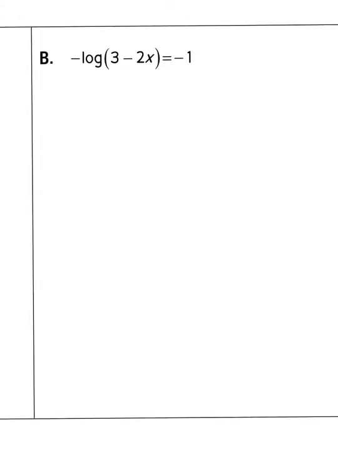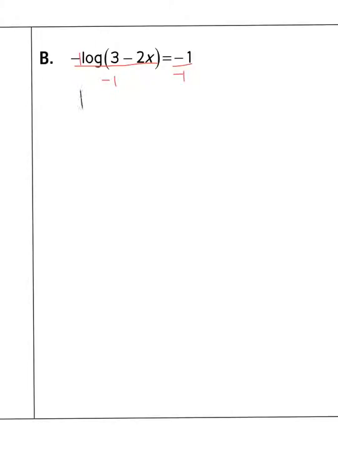So then for B, you have a couple of choices. You could move this up and make this 3 minus 2x to the negative 1 and then convert it to exponential form, because you can't convert it right now with something in front of the log. Or you can divide both sides by a negative 1, because technically there's a negative 1 in front of here.